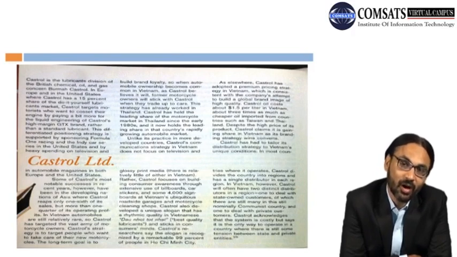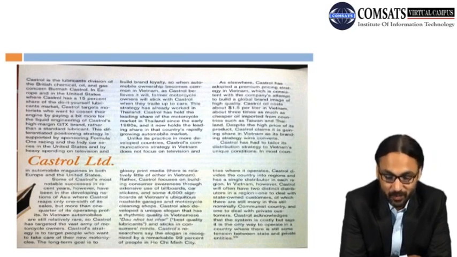The people who are using this Castrol lubricant in their motorcycles, when they buy an automobile, are going to stick with the same lubricant, and in this way they are getting consumer loyalty.